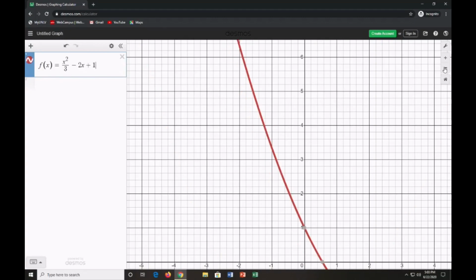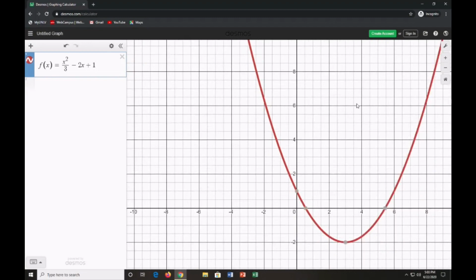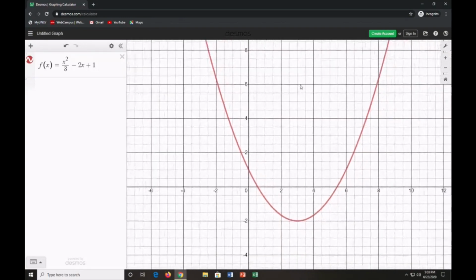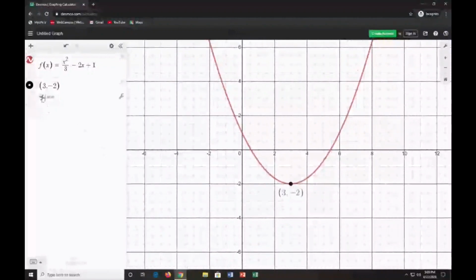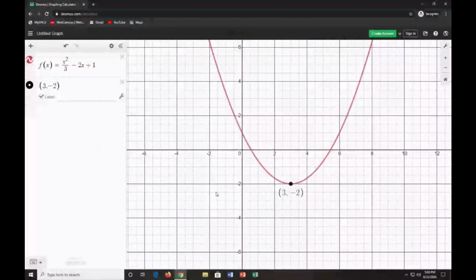I should zoom out, and right there, very close to what we had in our manual graph. So let's snap to various points that we calculated. Let's snap to the vertex, which was 3 comma negative 2. Right there, that one. And we'll label it 3 comma negative 2.